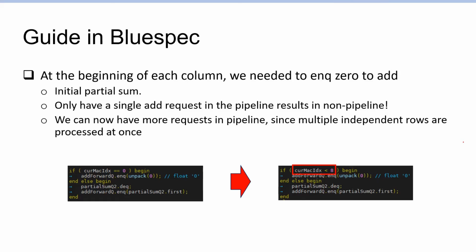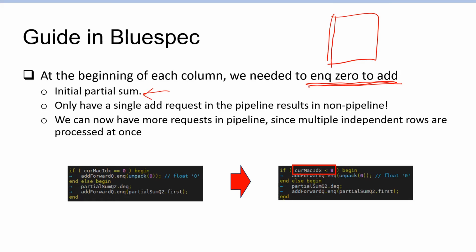And a thing that we haven't talked about very much is at the beginning of each column, again looking at the weight matrix, at the beginning of each processing column, we have to enqueue 0 to the add module because we have to give it an initial partial sum. So we start from an input value of 0, the partial sum value of 0, pretty much.